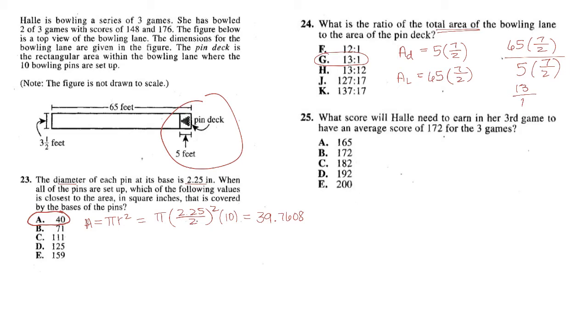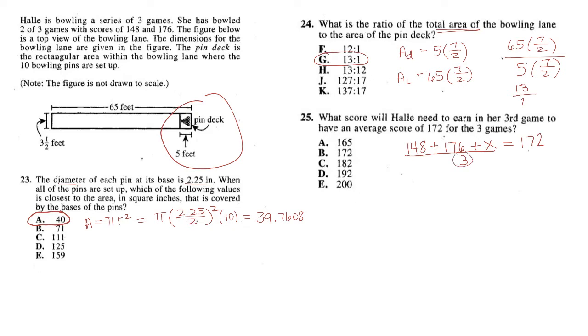All right, so number 25, what score will Hallie need in her third game to average a score of 172 for her first 3 games? So her initial scores, if we go back to the problem, she had 148 plus 176, and we want to know what she's going to make on this other game. And I'm going to divide that by 3 because I'm doing the average to get 172.